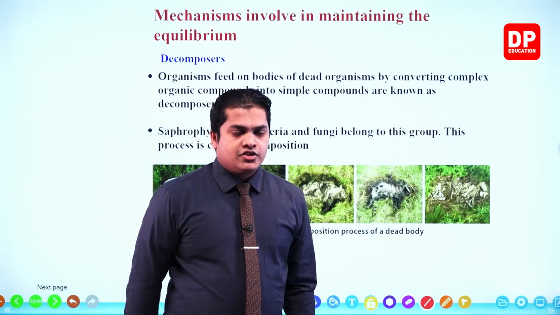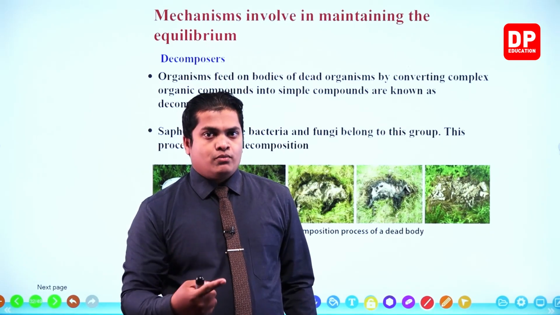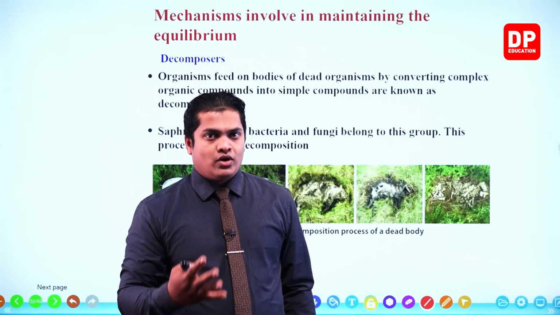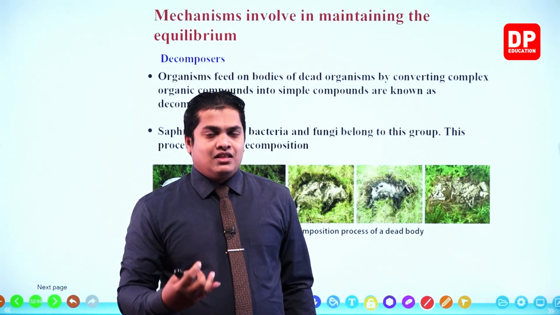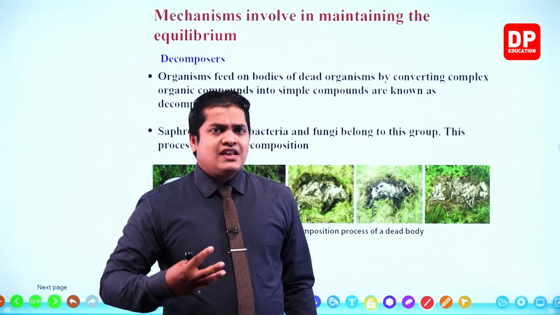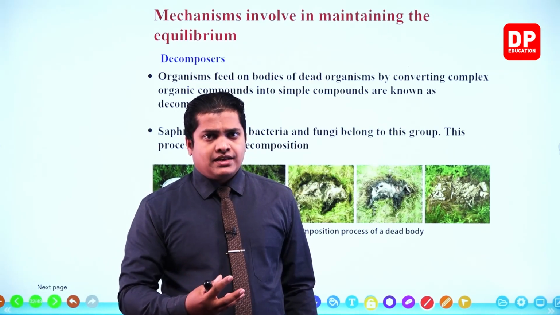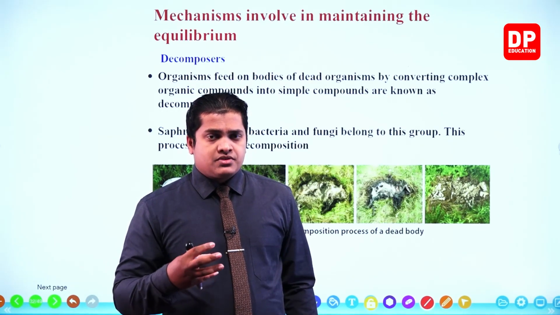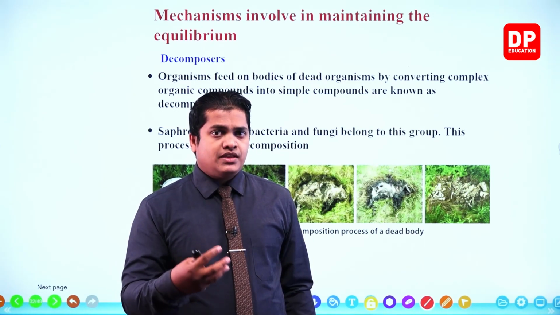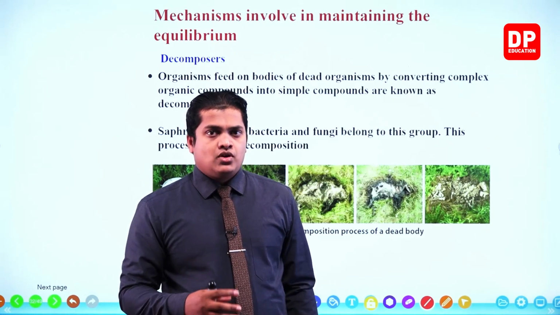The other thing, my dear children, is that our bodies are mainly made up of those biomolecules which I mentioned earlier, like carbohydrates, proteins, lipids, nucleic acids, and so on. Those are very heavy and very complex organic materials. So when these decomposers consume these biomolecules or complex organic molecules, what will happen?